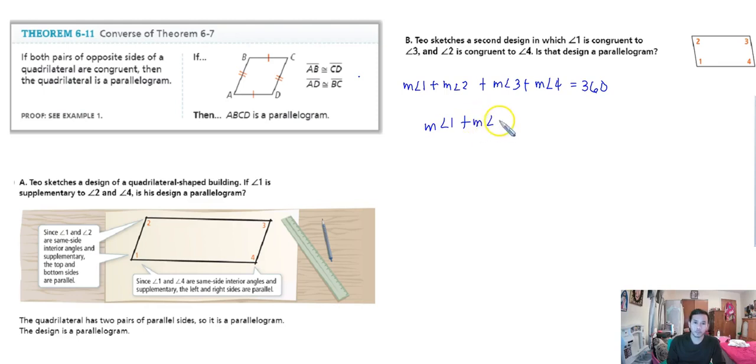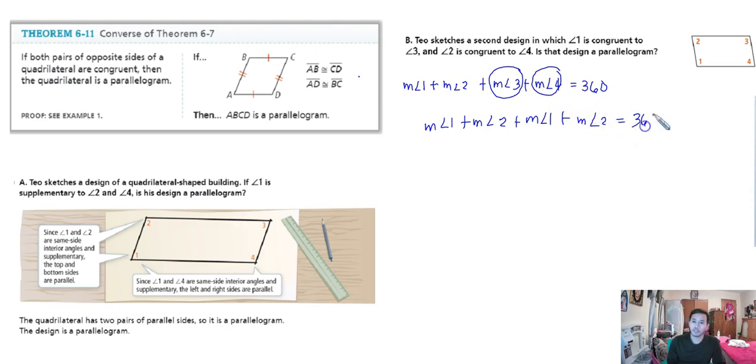Instead of putting angle 3, because angle 1 and angle 3 are congruent, I'll put angle 1. And instead of putting angle 4, since angle 2 is congruent to angle 4, I'll put the measurement of angle 2.